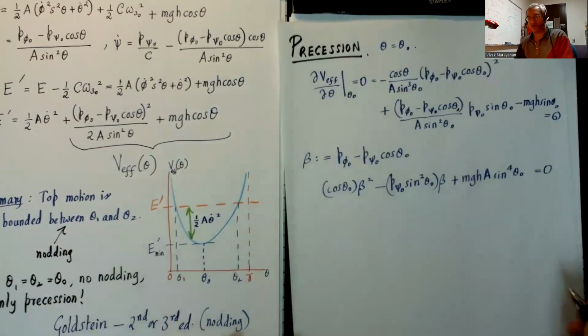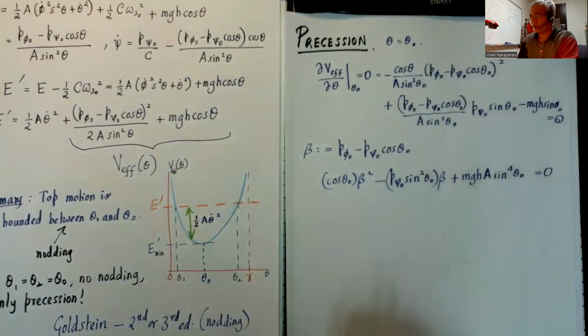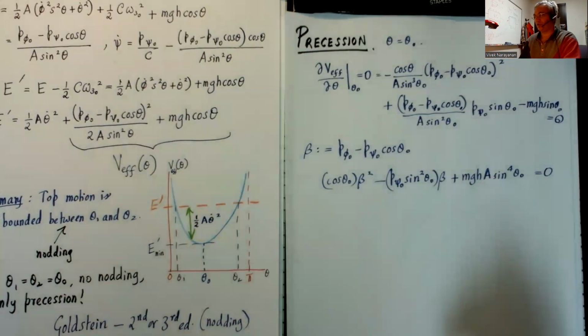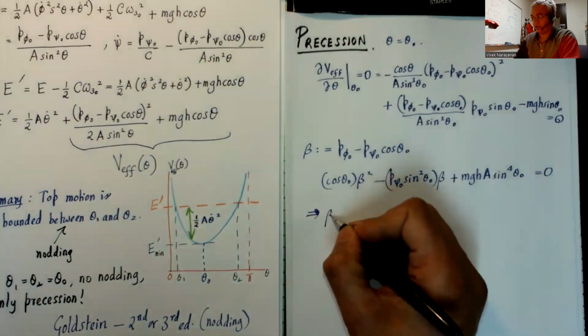Well, that's a good old quadratic equation. No matter how difficult or complicated it looks, it's nothing more than a quadratic equation. So it's going to have two solutions according to the quadratic formula. What is it?